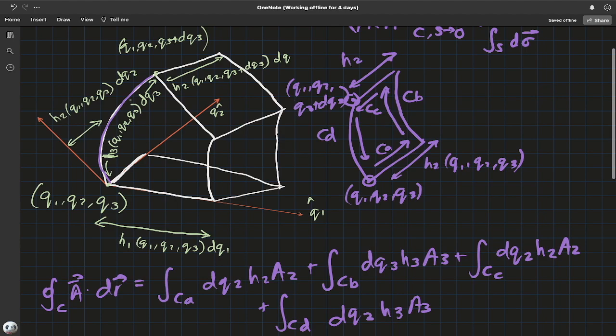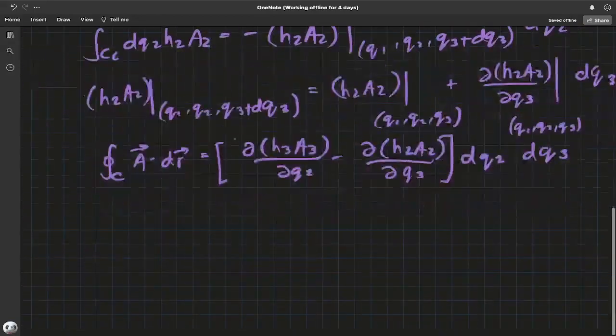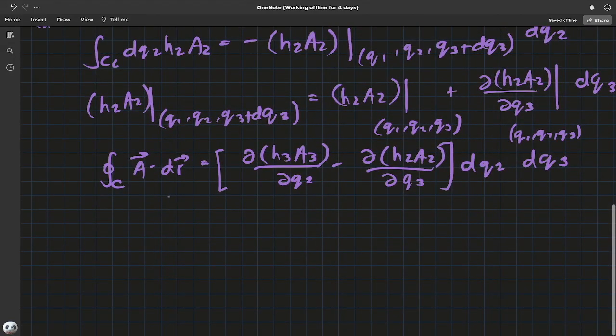If we do this for loops which are in all the planes, you notice a pattern that's going on, because this is clearly, again, let me just break everything down. I wouldn't want to skip any steps. This we know for this loop at least is h2 h3 dq2 dq3.